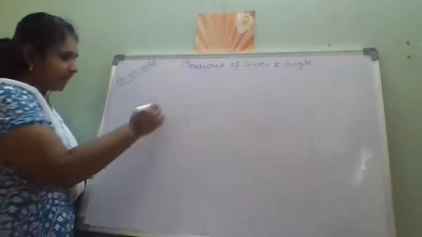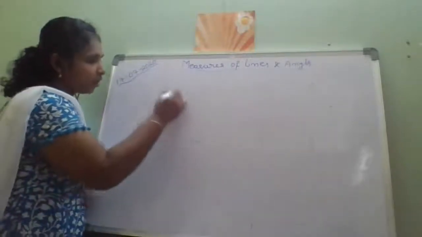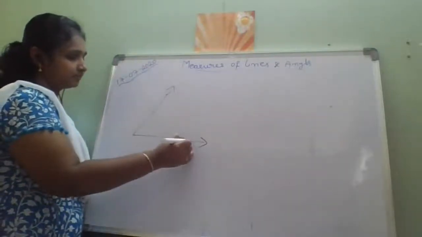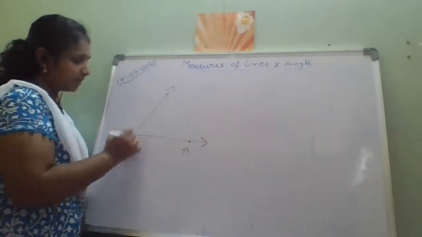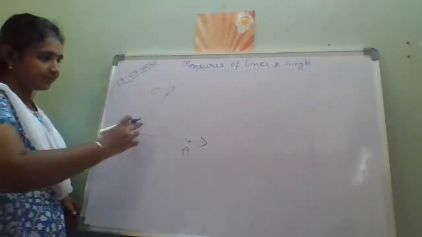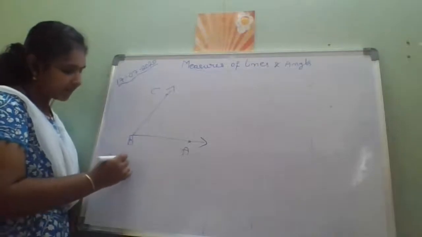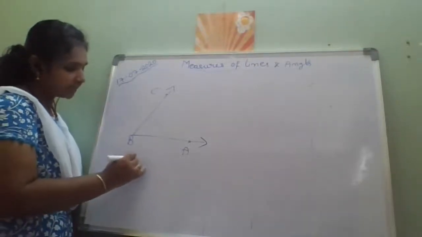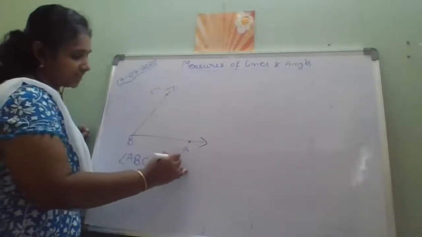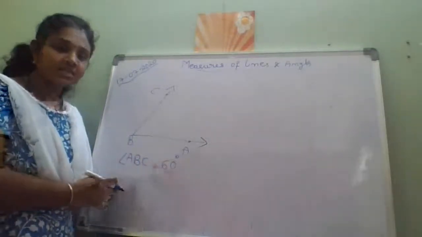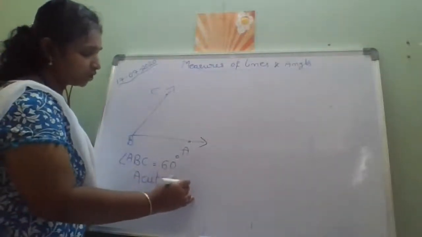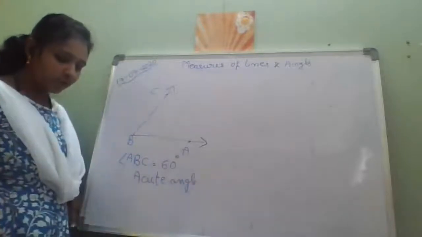So I will draw an angle. Tell me how much it measures and the type of the angle. A, B, C. Now tell me how much it measures. It is maybe 60 degrees. So the type of the angle is acute. Okay, next.